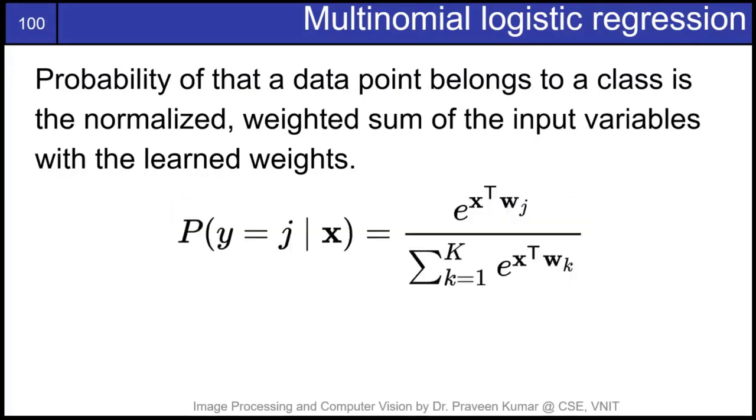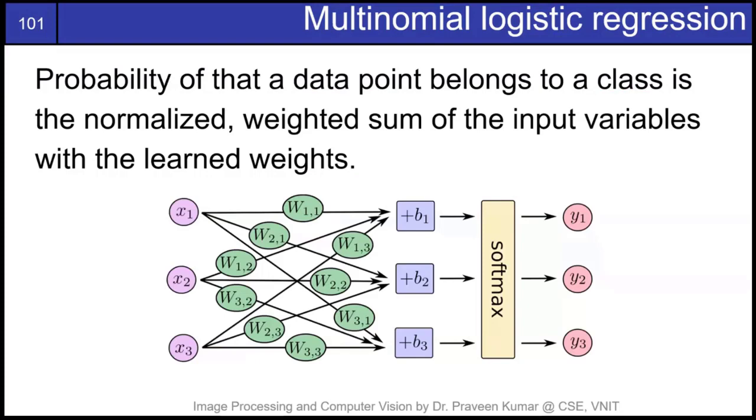So if you try to interpret this softmax classifier, it calculates the probability of a data point belonging to a class as a normalized weighted sum of the input variables with the learned weights. If you want to visualize this, now instead of just one class, we have multiple class labels, and for each input, let us say you have 3 input variables, and for each particular class we will have one set of weights, and for another class another set of weights, and so on.